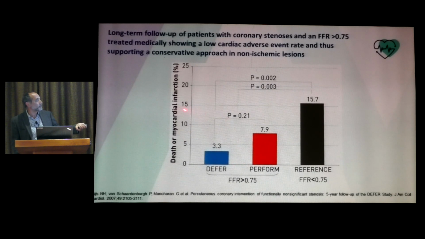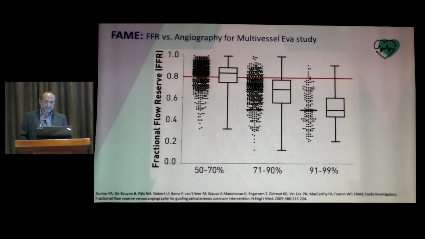So they did very well with medical therapy without intervening. This is in comparison to those with an FFR of less than 0.75, where the event rate was higher. So that's why patients with a normal FFR must be left alone. They shouldn't be touched with intervention, while those patients with an FFR of less than 0.75 or less than 0.8 should be treated.